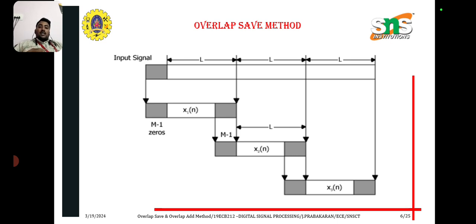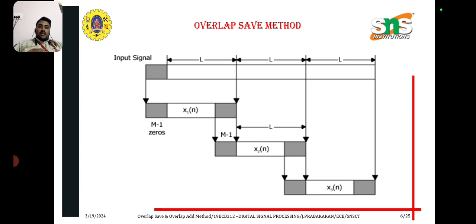The front side of the subblock has m minus 1 zeros and the right side of the subblock has m minus 1 previous data. Here m is the length of the impulse response, and Ls represents the length of the input sequence x of n.